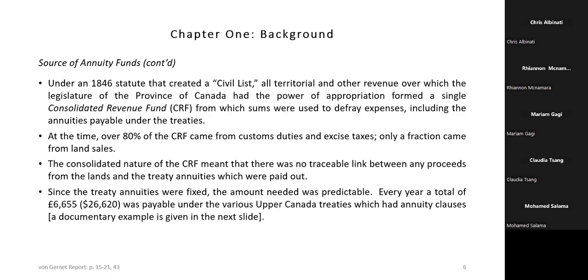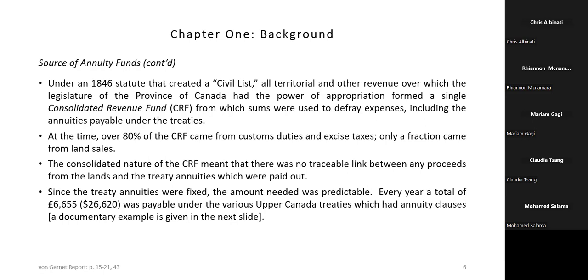And under this statute, all territorial and other revenue over which the province had any control or power of appropriation formed this single consolidated revenue fund. So you had the single pile of money somewhere, which I refer to as the CRF, the Consolidated Revenue Fund. And it's an important fund because it's the one that funded all of the annuities from then on.